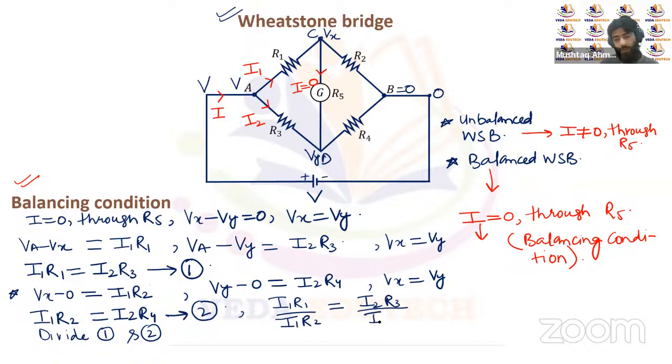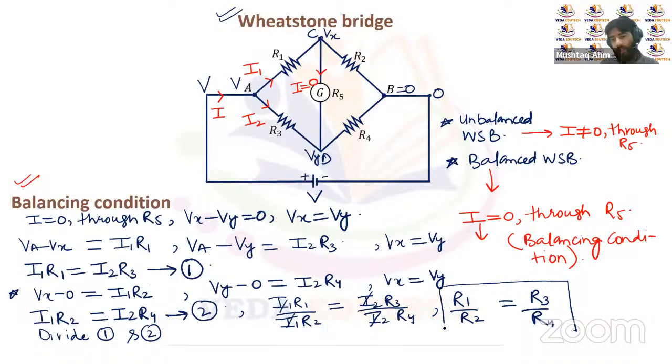Now I2 and I1 get cancelled, so from here we get a condition: R1 over R2 has to be equal to R3 over R4.